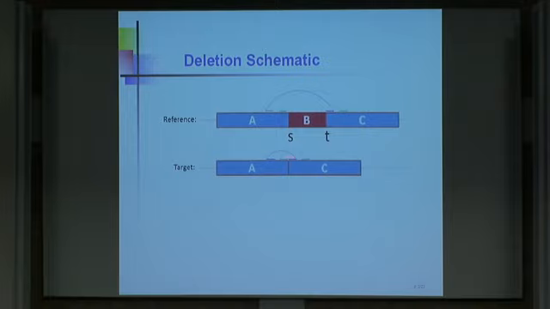Then we map that to this position. Now, this one maps faithfully up to here, but this region in the reference genome is missing in the target, and so this point maps way over to here.